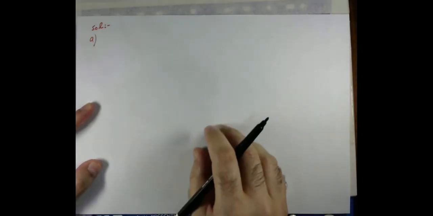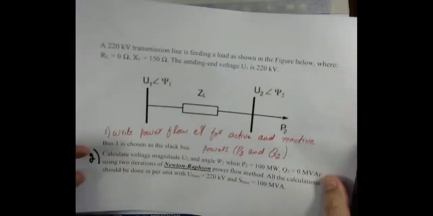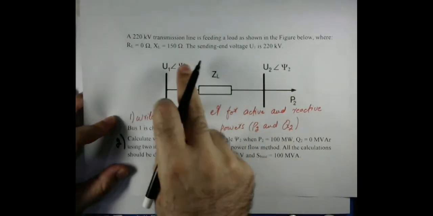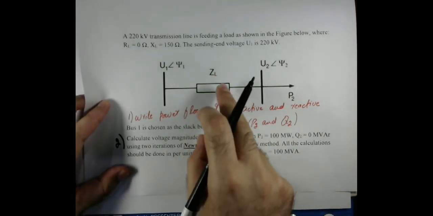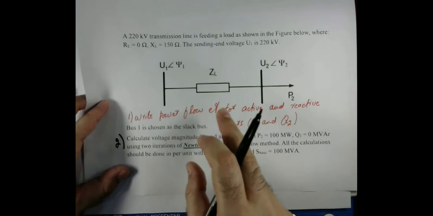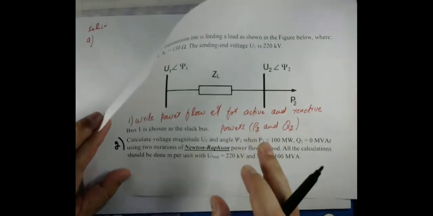We are solving this problem using Newton-Raphson method, and for even writing the power flow equations, let me write the general form, and as we know this transmission line has only inductive reactance, so the power flow equations can be written like that. But even before that, let me convert the values into the per unit.